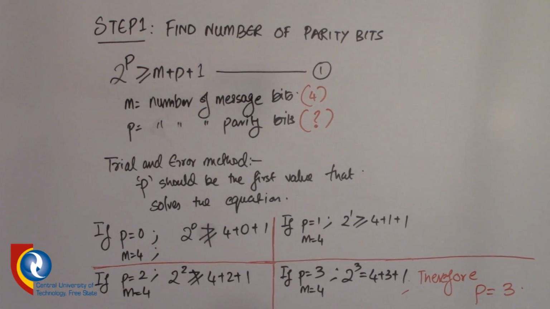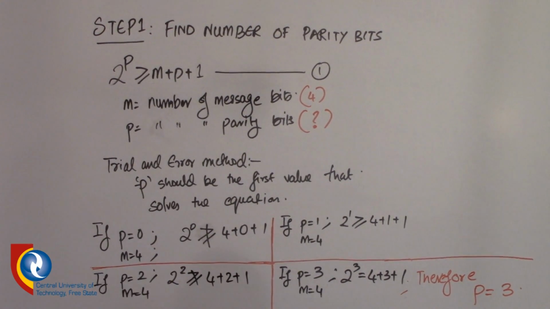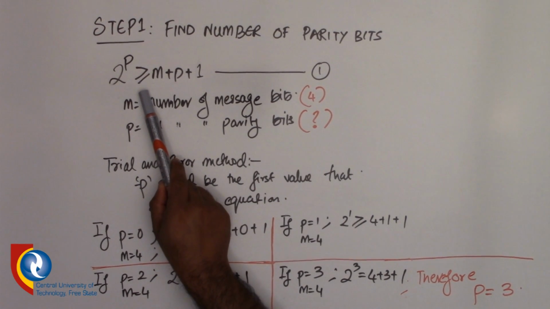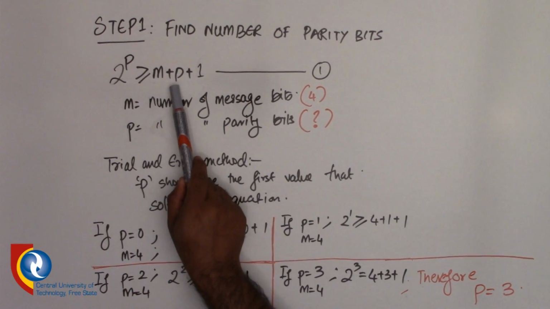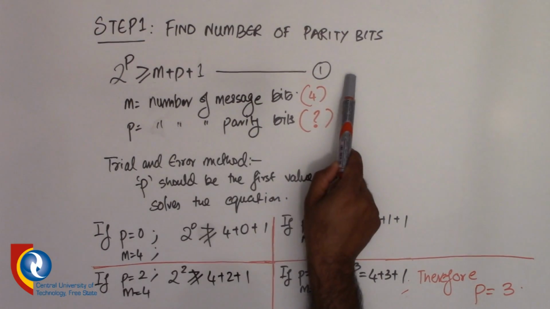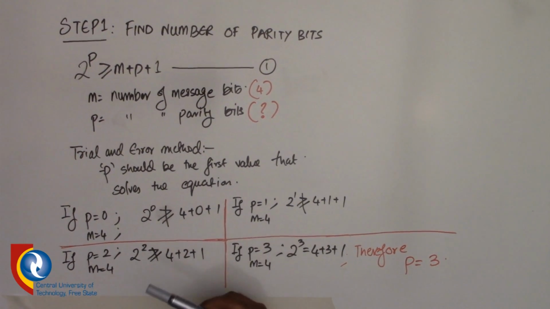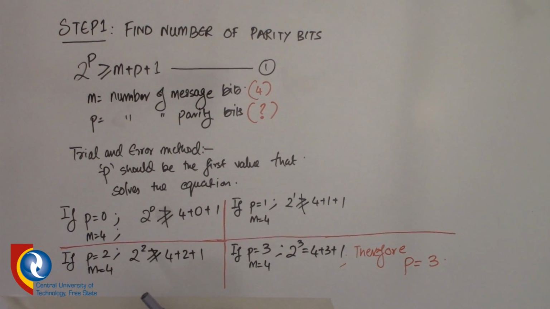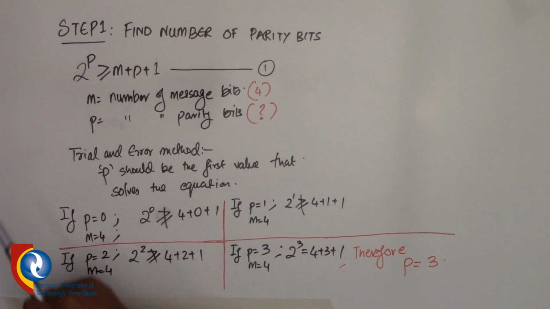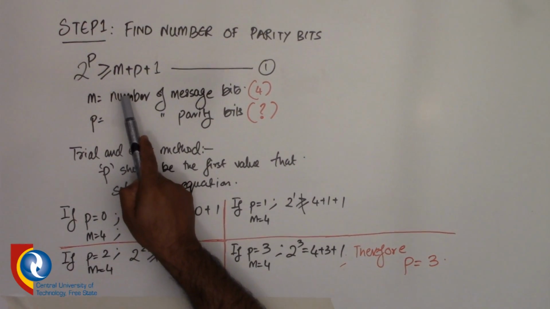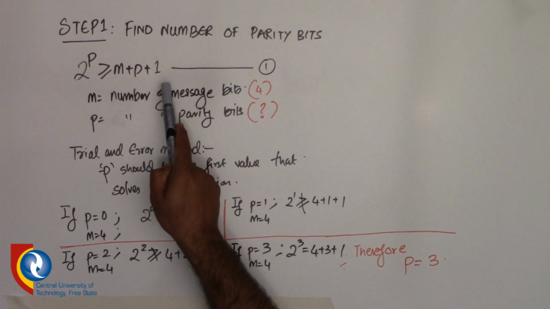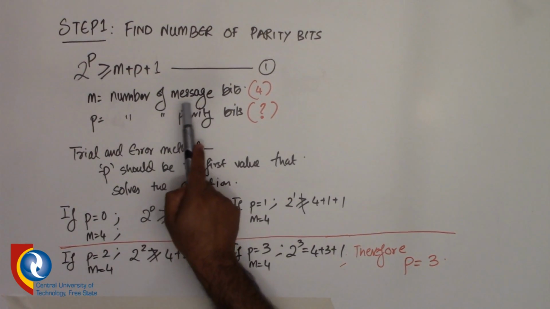So the first step is to find the number of parity bits. To find the number of parity bits, we use the formula 2 to the power p must be greater than or equal to m plus p plus 1, where m is the number of message bits.